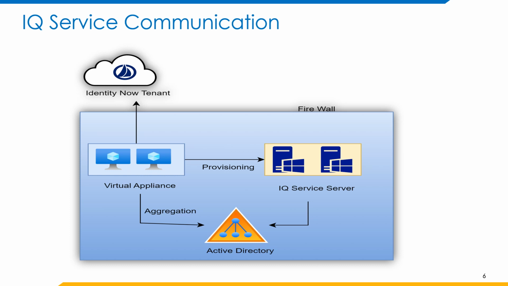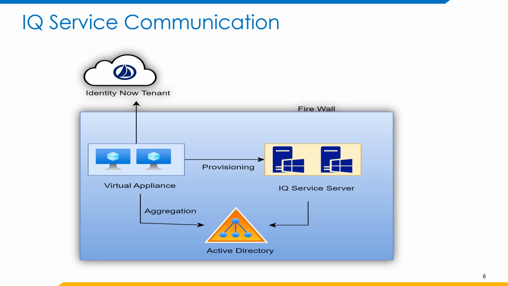Coming to the process, IdentityNow always pushes tasks to a VA cluster queue, and from the cluster queue, the VA will pull the request based on the priority of the task. Once the request is fetched by the VA, the VA will communicate with IQ Service for tasks such as aggregation, create and modify accounts.